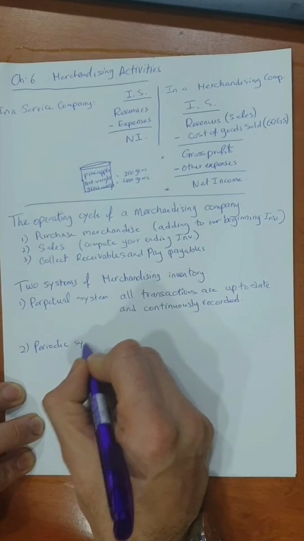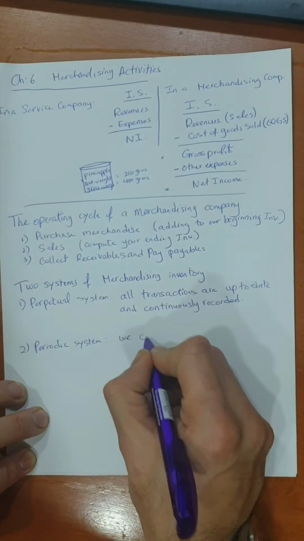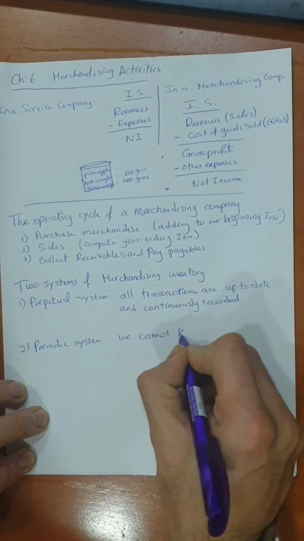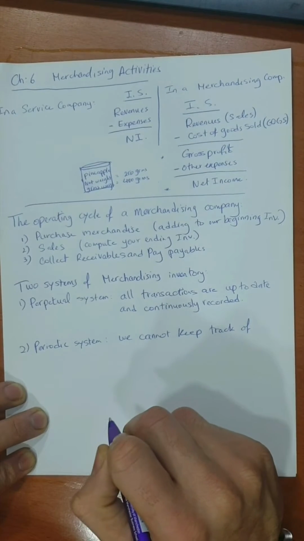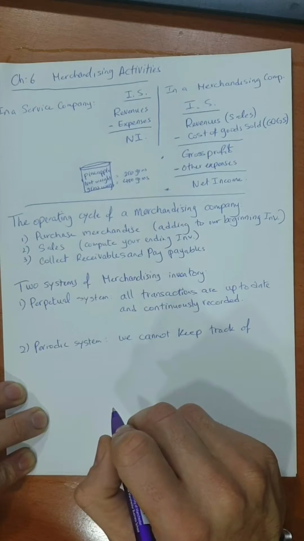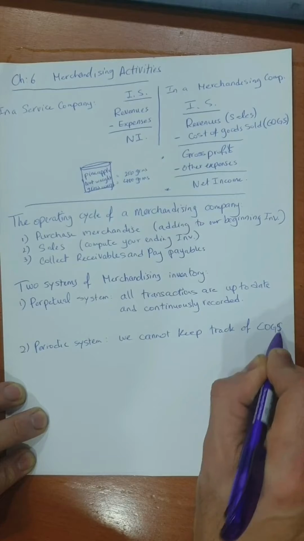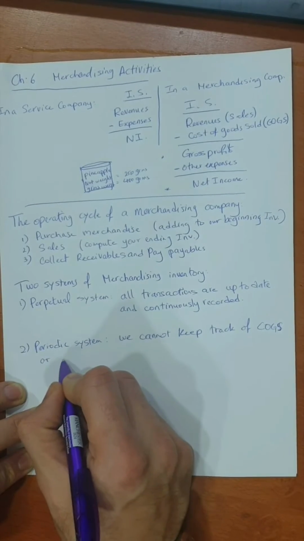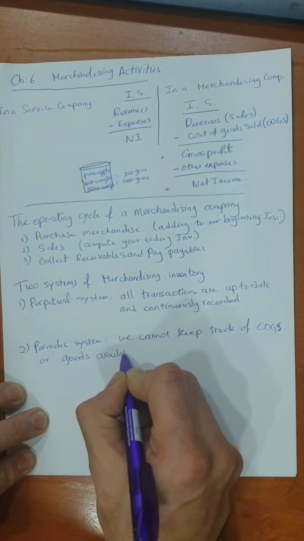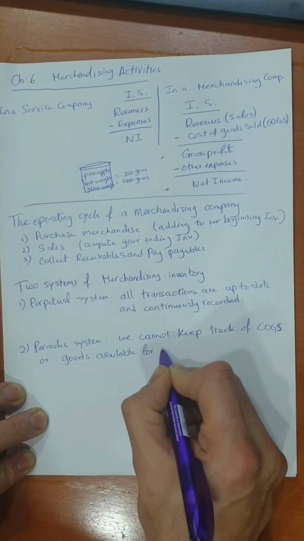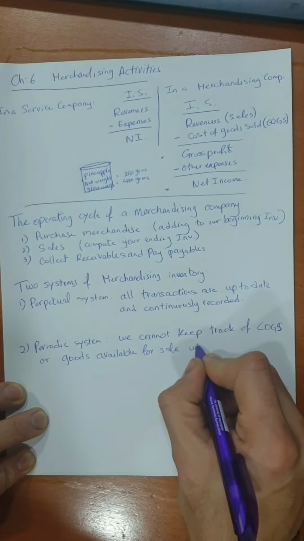In the periodic system, we cannot keep track of cost of goods sold or goods available for sale throughout or within the period.